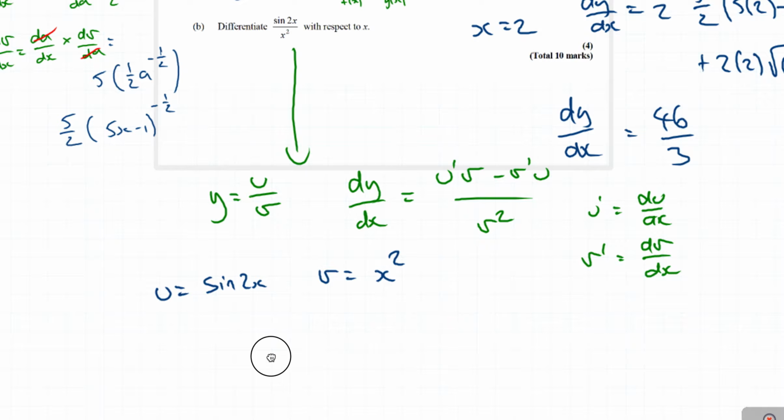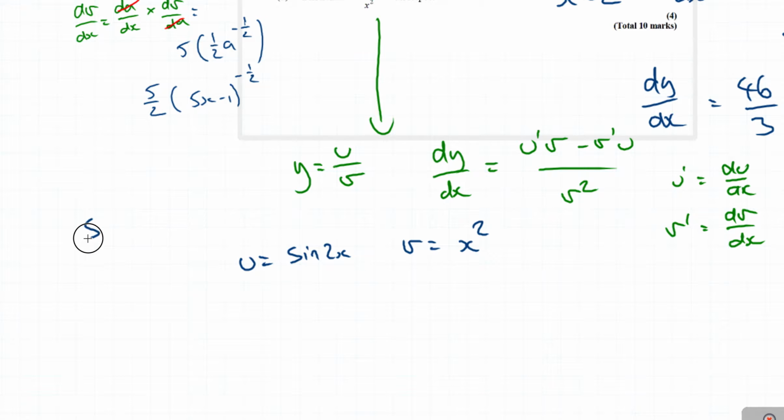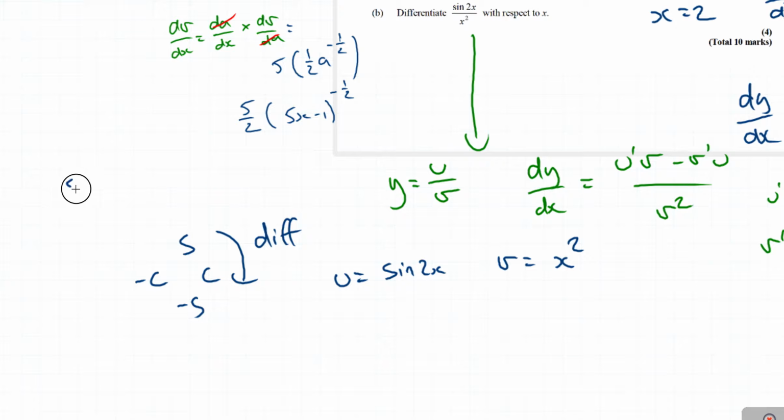For sine 2x you need to memorize how to differentiate. One way you could do this is to memorize a circle: sine, cos, minus sine, minus cos, and going clockwise around the circle means that you differentiate. Another rule to remember is that when you differentiate a trig function, for example sine 8x, then dy/dx is 8 cos 8x.